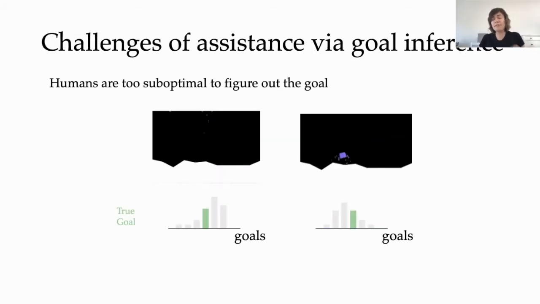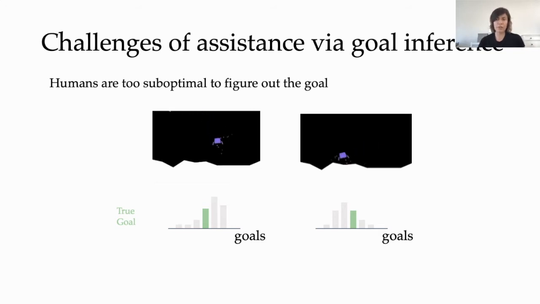We've gotten pretty far with this kind of methodology for assistance. I've worked on this. A lot of other people have worked on this, but we're getting stuck on some things. One challenge is that same suboptimality in the user actions that requires you to have assistance to begin with also makes it really hard to figure out what the user's goal is.